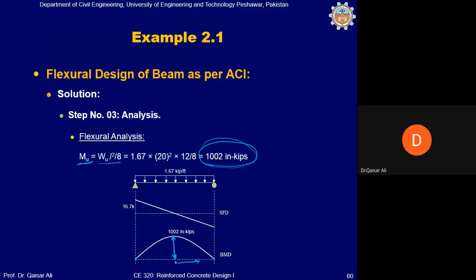Now, if you move away from the center, you can reduce the amount of reinforcement. Is that right? Because if, for example, at this point, if you calculate the moment value, it will be somewhat 500 inch-kips.